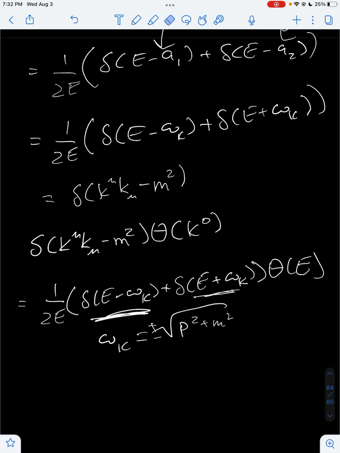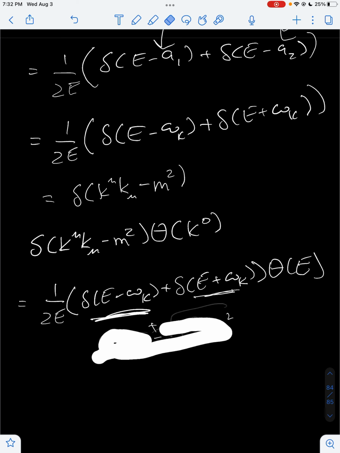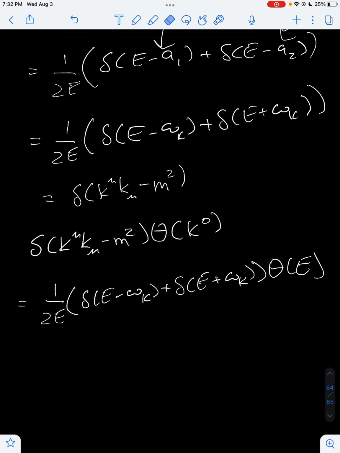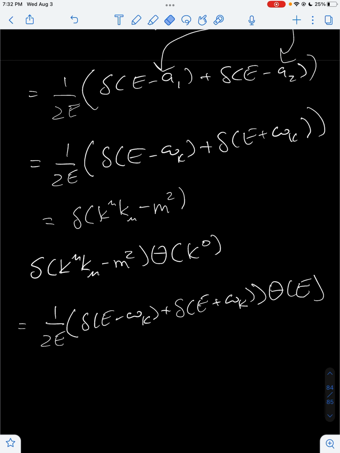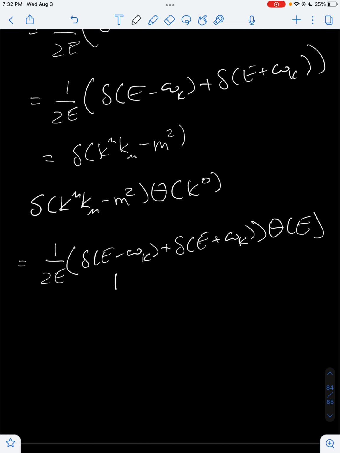Let's look at it like this. For this to yield a non-zero contribution, here e has to be equal to omega k, and here e has to equal minus omega k.